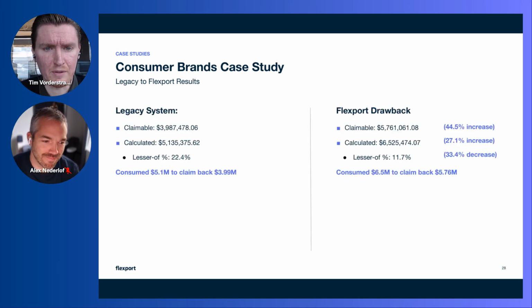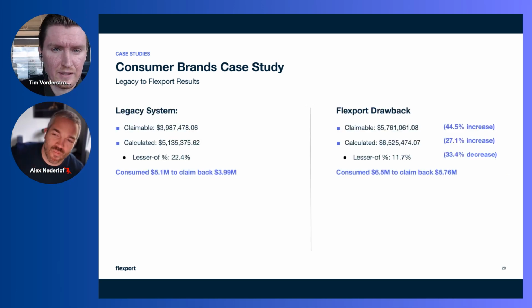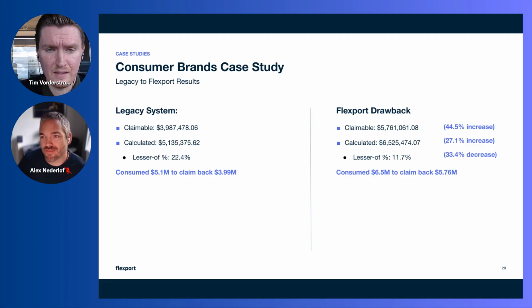And so when we look at the numbers, the legacy system generated 3.9 million in claimable, and it consumed 5.1 million to get 3.9, which is pretty good. But putting the same data through our system, we were able to get 5.7.